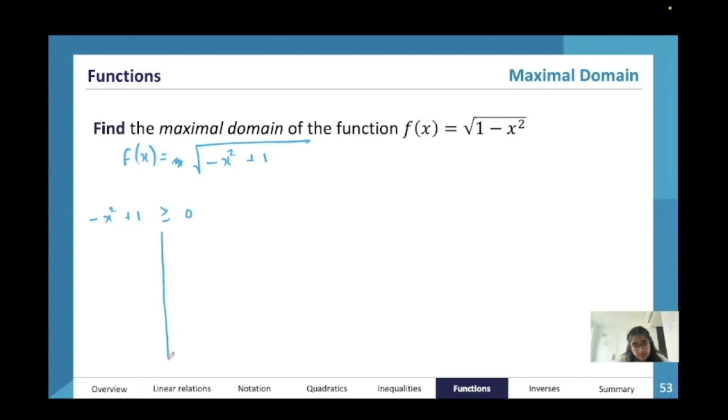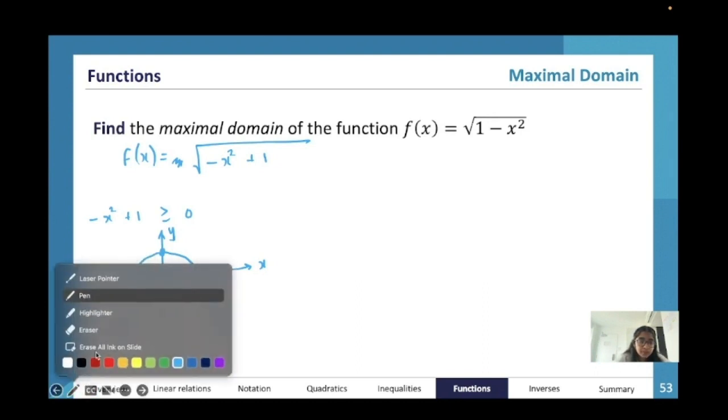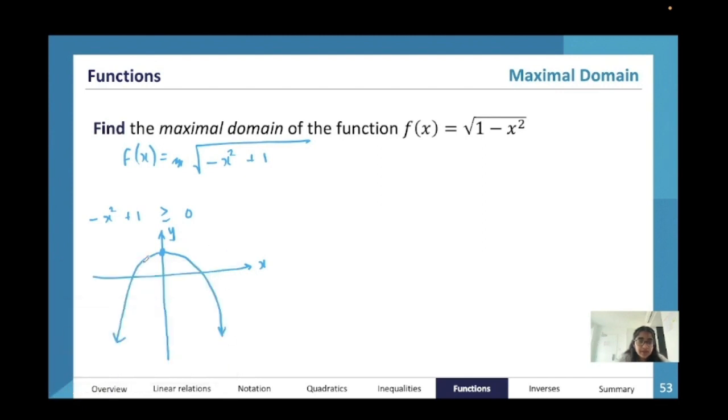So how does this graph look? Well, you've got your y, got your x, y-intercept of +1, and negative, so it's going to go this way, going to go this way. And we want negative x squared plus 1, we want that graph to be greater than or equal to 0. So from here to here is what we want to include.